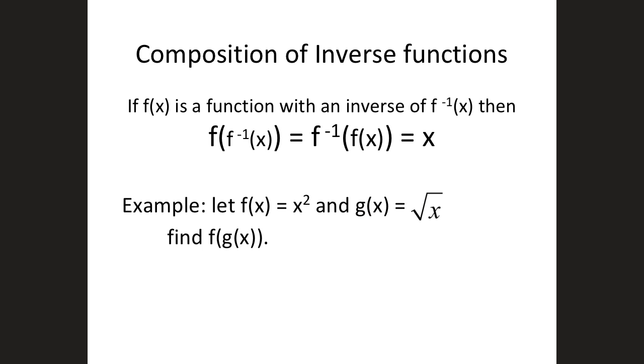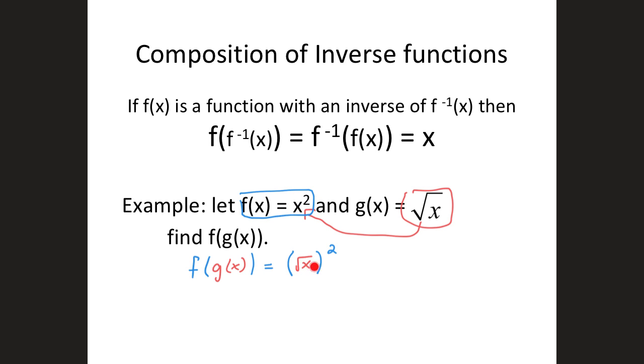So if I find the composition, we know that the square and square root are opposites of each other, which means they are inverse functions of each other. And if I find f of g of x, meaning I'm placing g of x's equation into the input of f of x's equation, so I've got g of x in red, that's going inside of the quadratic function.